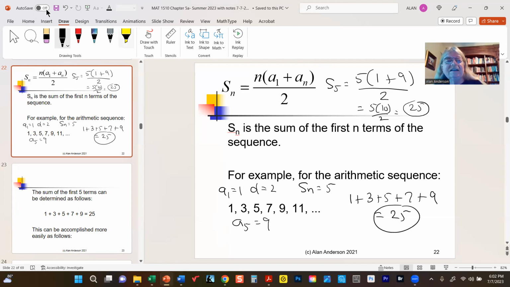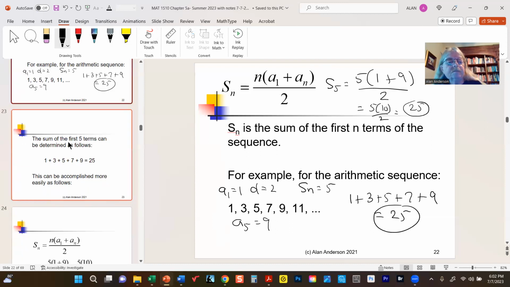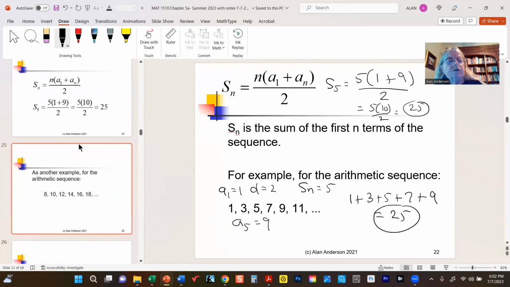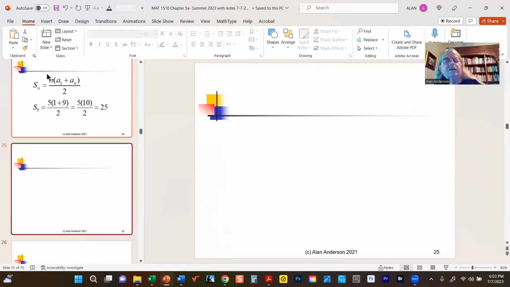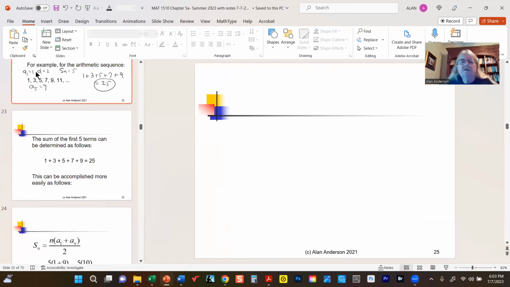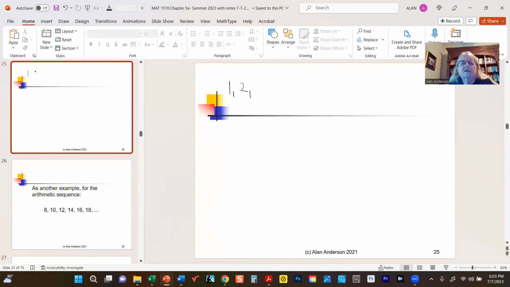And the beauty of this formula is it works no matter how many terms there are. For example, let's say you're interested in adding up the first 100 terms of this sequence. So A1 is 1.